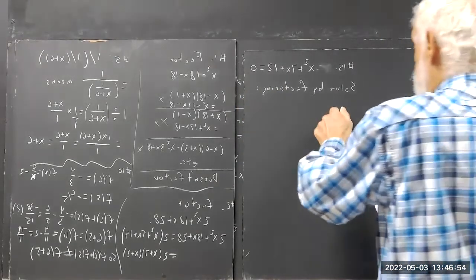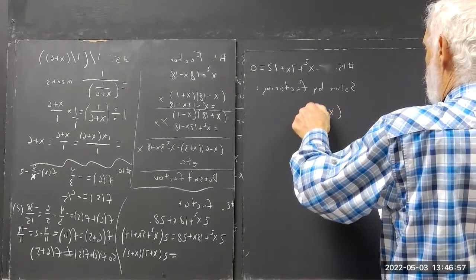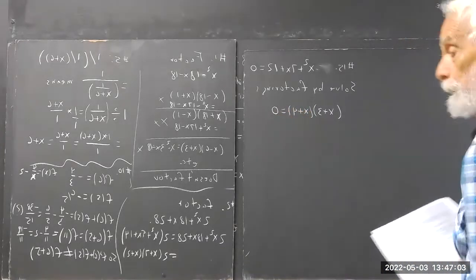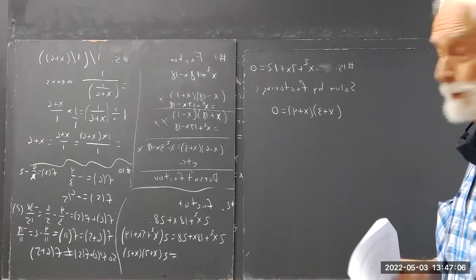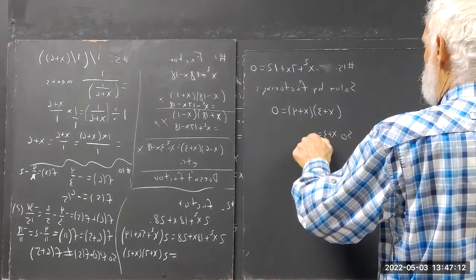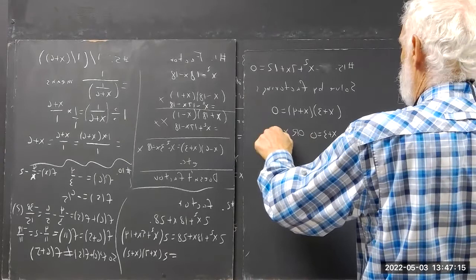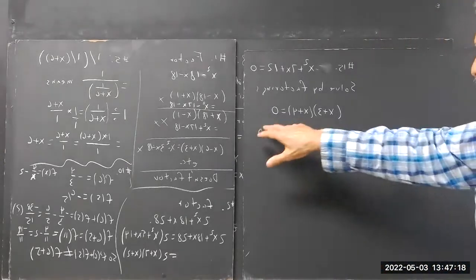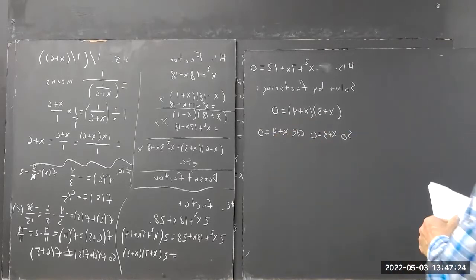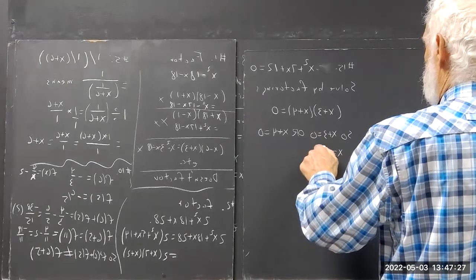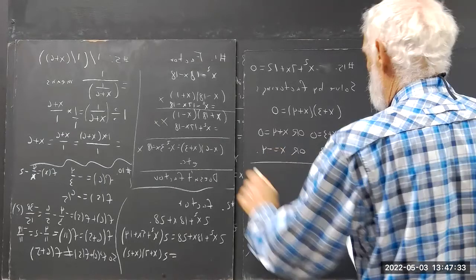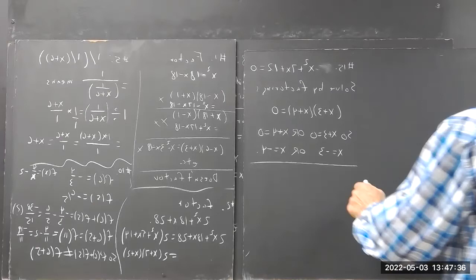Well, this factors as this, okay? Well, if you've got two things that multiply to give you zero, one of them better be zero. Could be either. And x plus 3 equals 0 means that x is negative 3. Or x equals negative 4. Okay. Quadratic formula, which we already saw earlier.